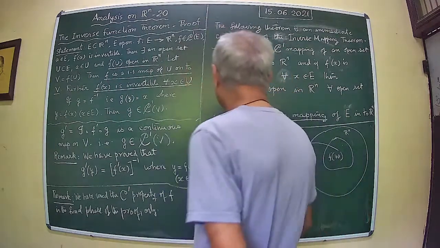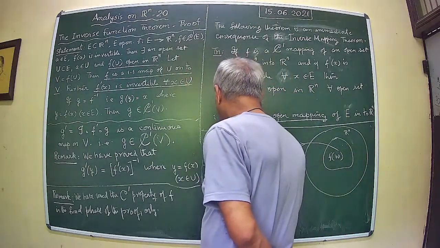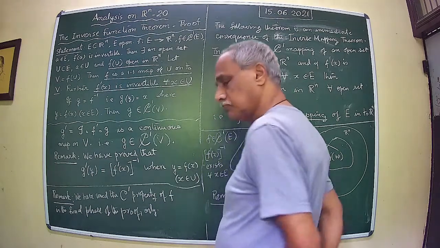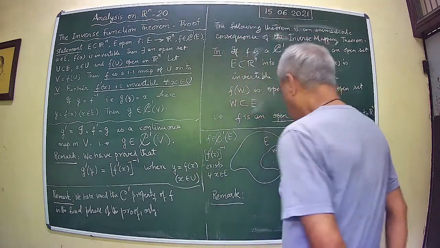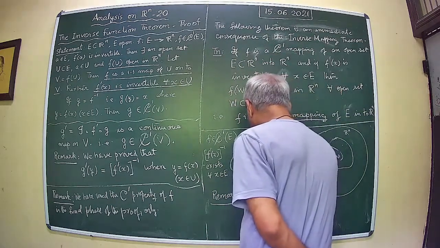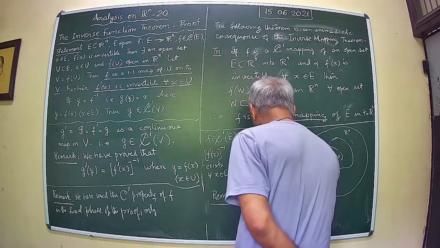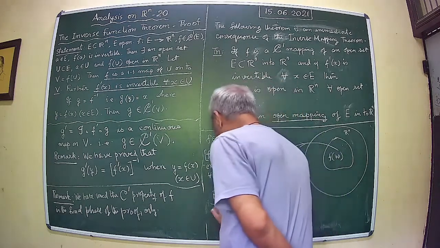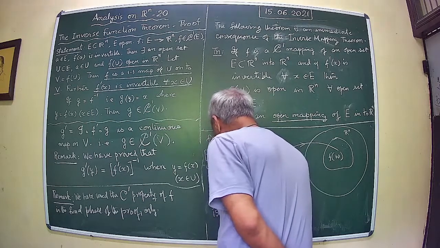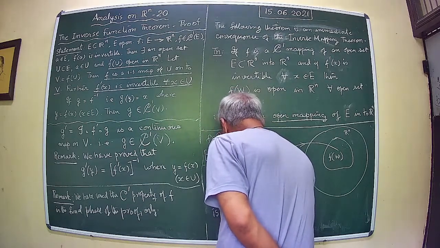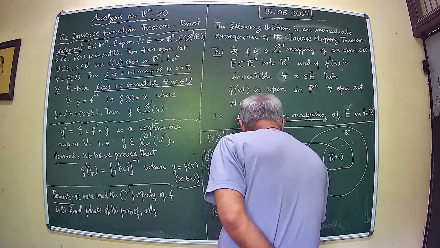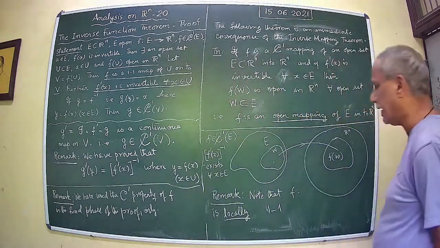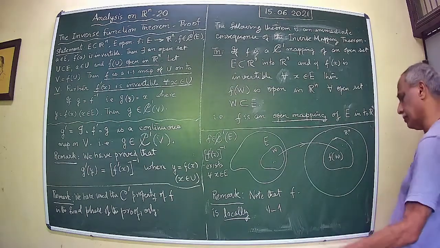So we can make one more remark. Note that F is locally one-to-one. That is, locally on some neighborhood it is invertible.